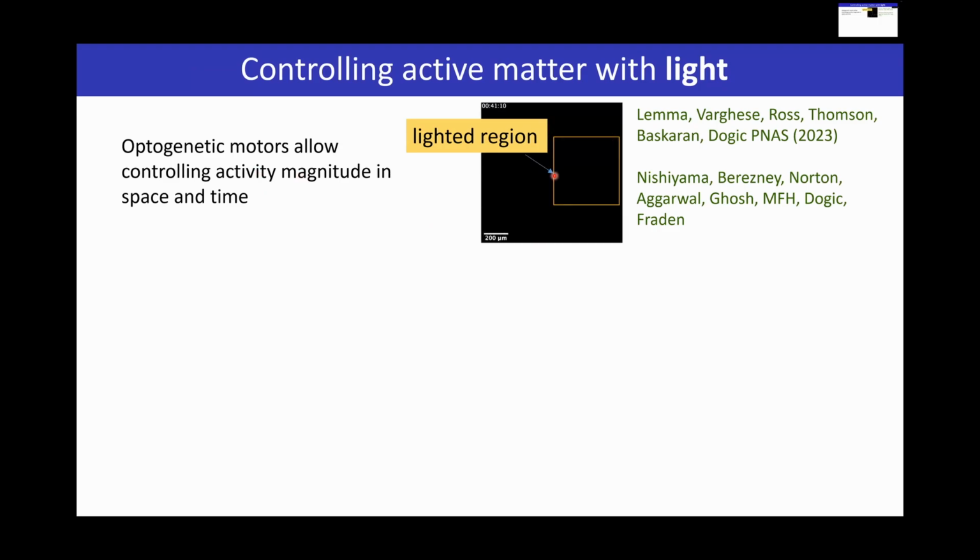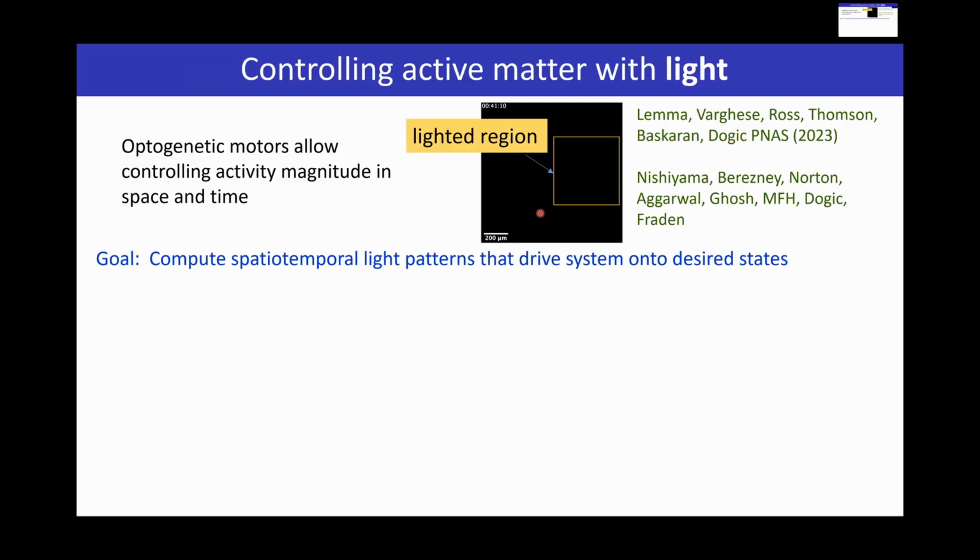And importantly, the magnitude of activity is proportional to the intensity of the light. And this can be done as a spatiotemporal light pattern using a digital light projector. So basically, you can program a sequence of activity in space and time.